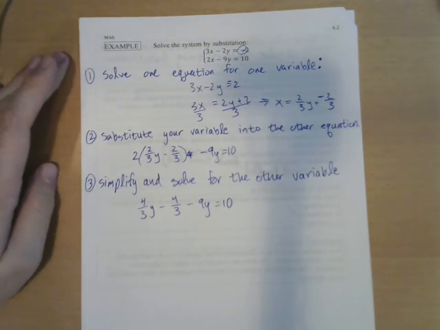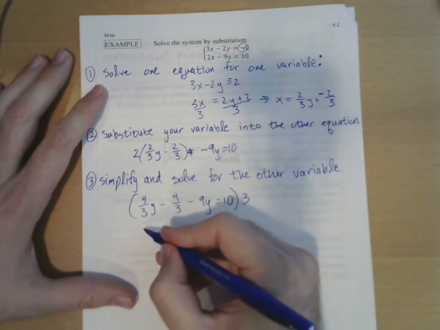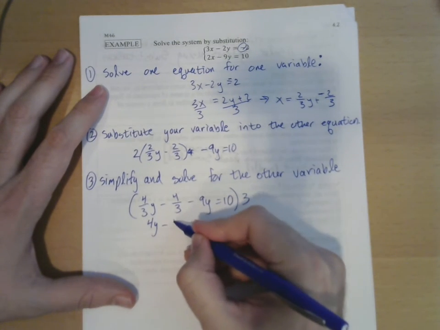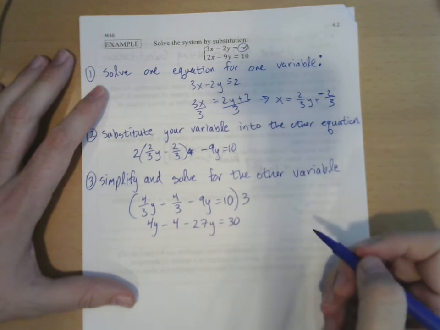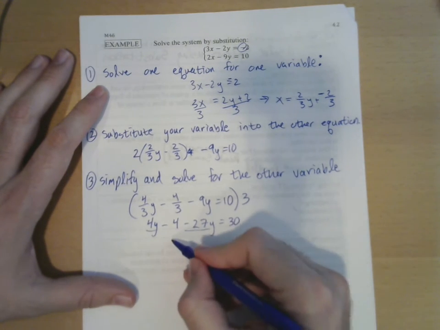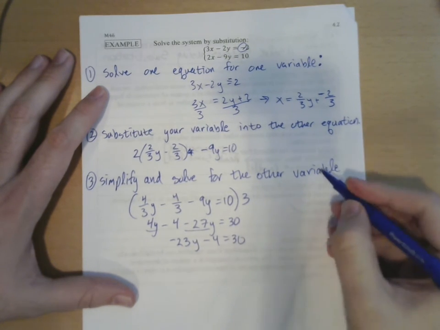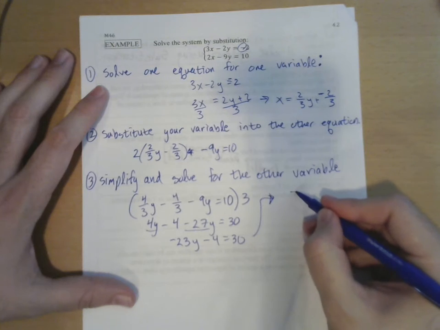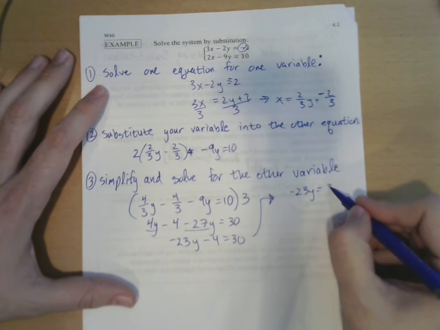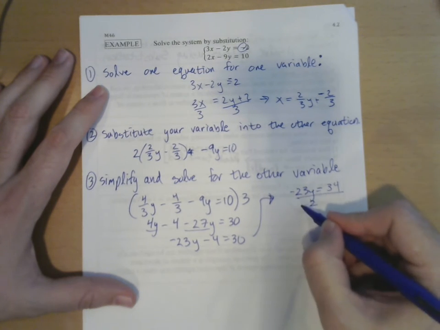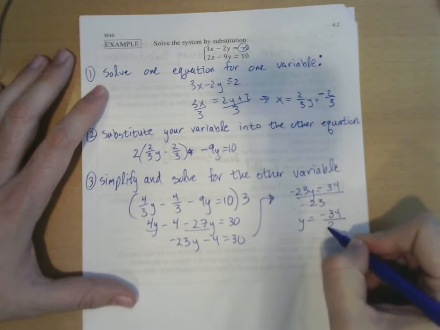Now, I don't particularly want to deal with fractions, so I'm going to multiply the whole equation by 3 to make my life a little bit easier, and get 4y minus 4 minus 27y equals 30. Then I have minus 23y total, minus 4 equals 30, minus 23y equals 34, divide by negative 23, and I have y equals negative 34 over 23.